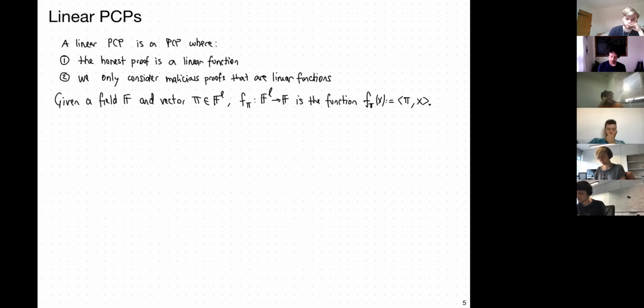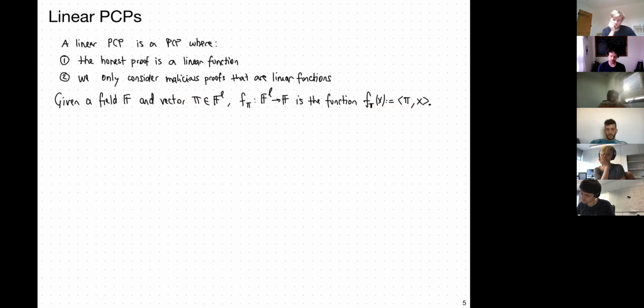Again, we'll use this perspective of associating a linear function with an inner product. Rather than saying that the proof is this exponential size evaluation of a function, we'll say that the proof is this collection of elements, and we can consider the inner product of this proof with each point.